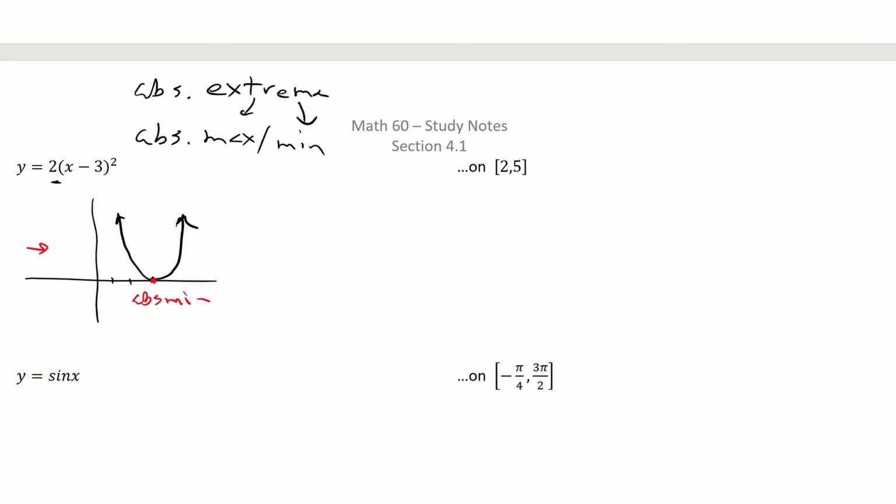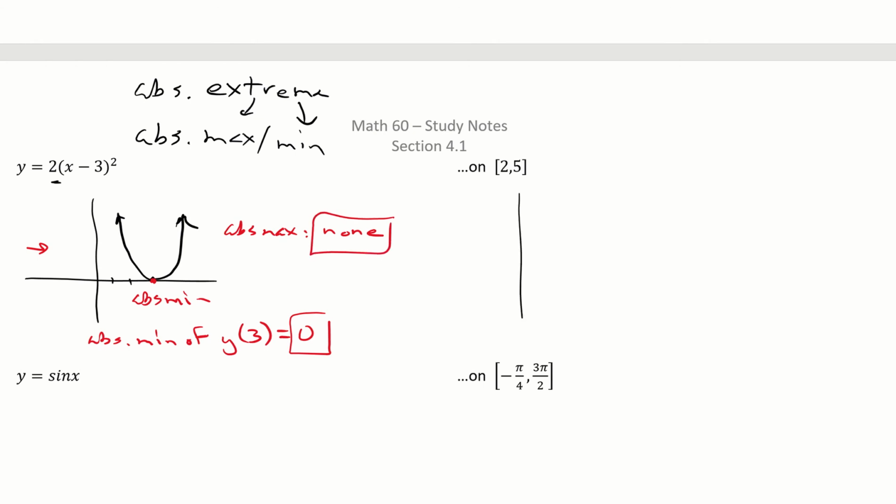How do we say that? If we call that y, we'll just say absolute min of y, and you go, well, it would be y of 3 is equal to 0. Yeah, the lowest y value is 0. The next question, though, is where's the absolute max? By staring at the picture, there is none. And you're done.